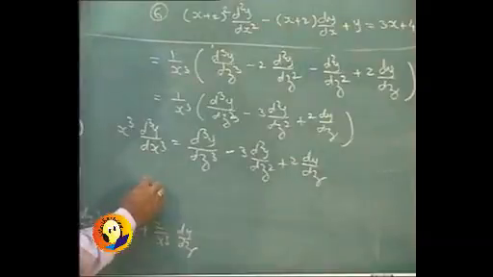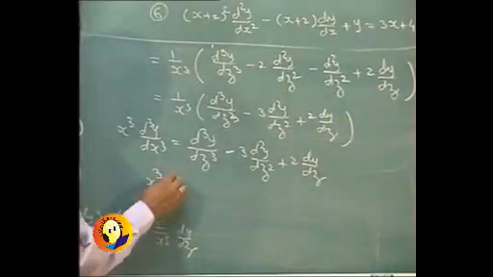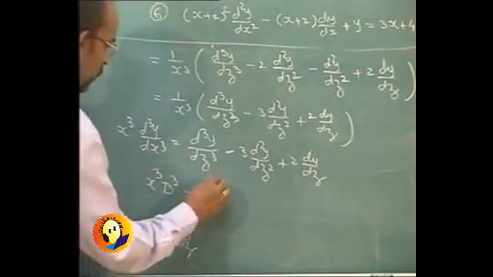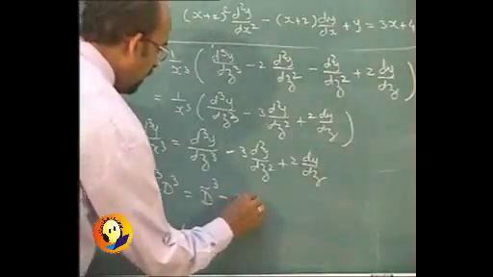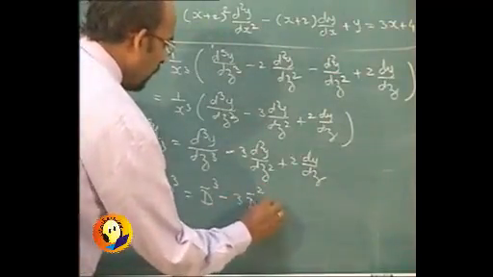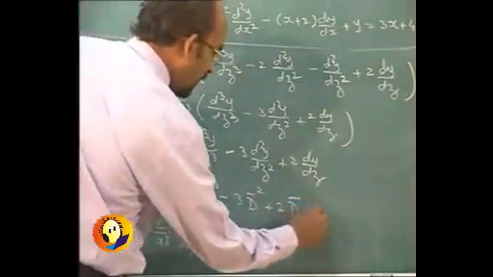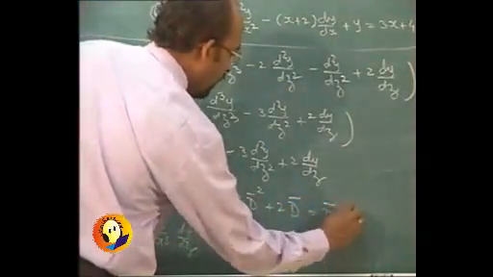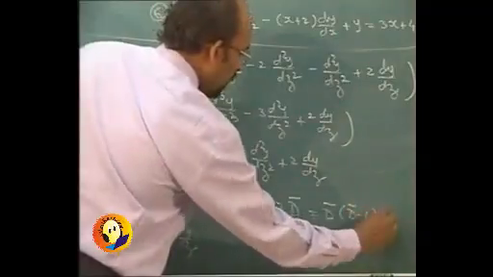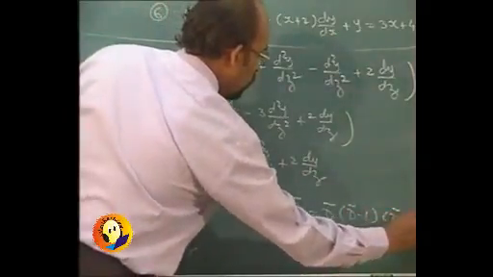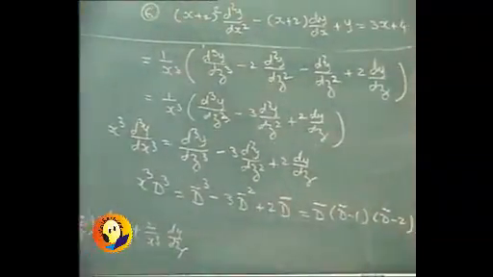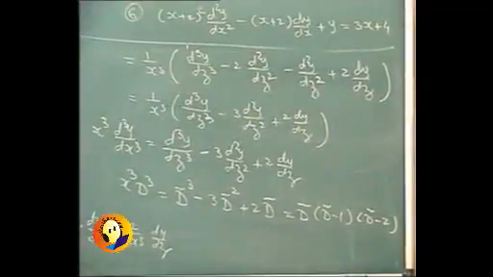That is, x cube d cube will be equal to d bar cube minus 3 d bar square plus 2 d bar, and if you take d bar common and write it in the standard form, it will be d bar into d bar minus 1 into d bar minus 2. So we have found the third coefficient, x cube d cube.